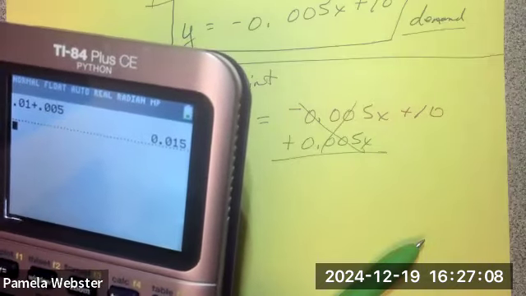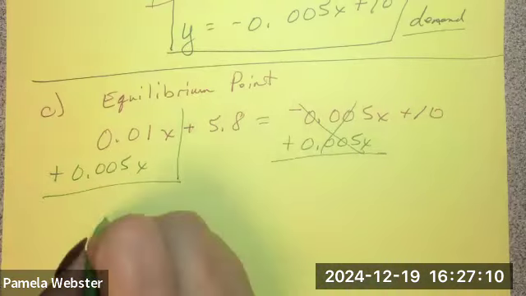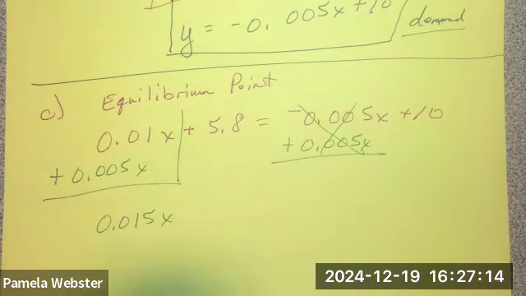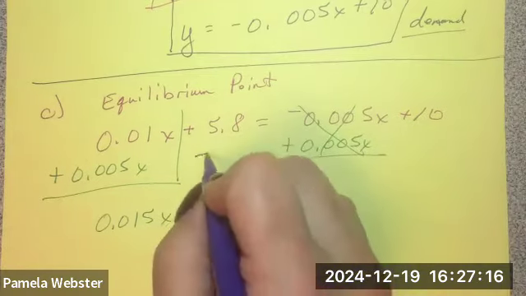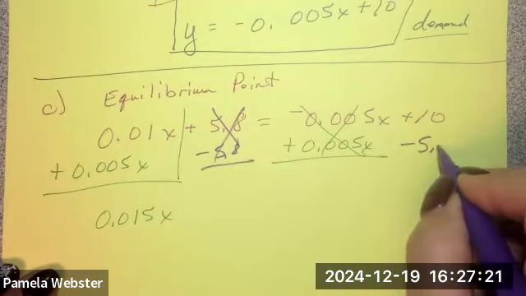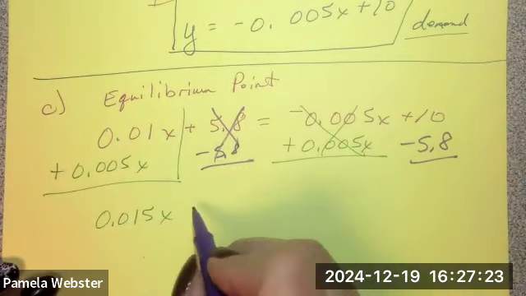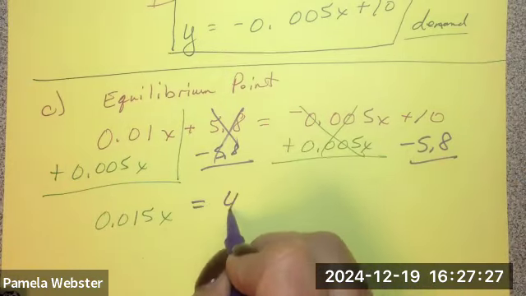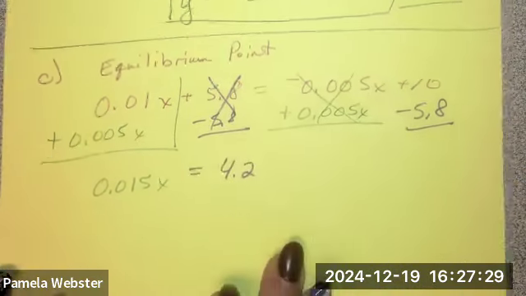So I'm getting 0.015x. And then, of course, I'm going to subtract this 5.8 out to get rid of him. And on that side of things, I've got 10 minus 5.8. I believe that's 4.2. Here's where I am.